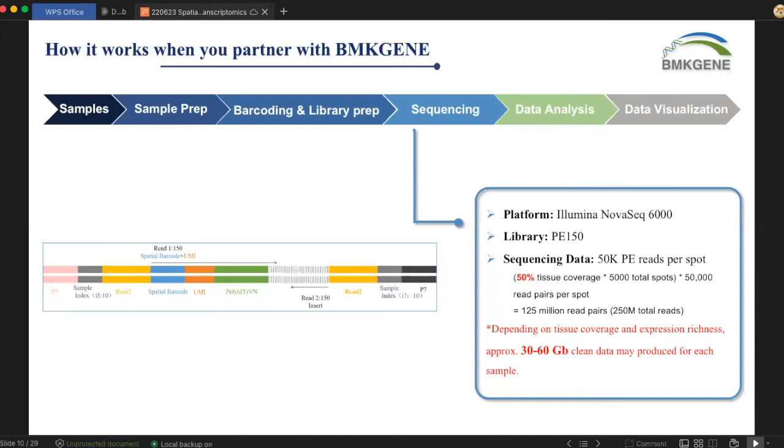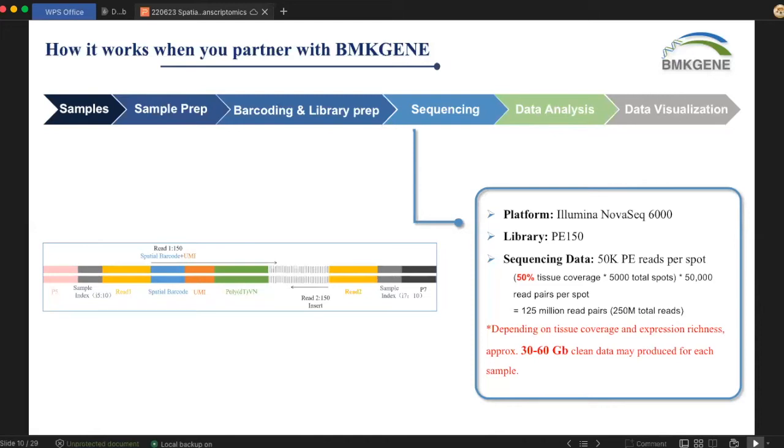There is another thing I would like to emphasize: for different types of tissues, the RNA molecule richness is different. Some tissues are more active and have more RNA expressed, so we probably need more data. It mainly depends on the object that we are looking at.